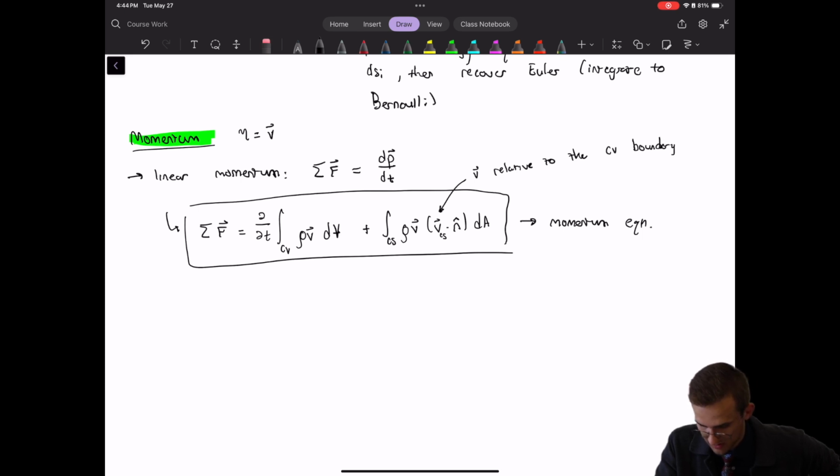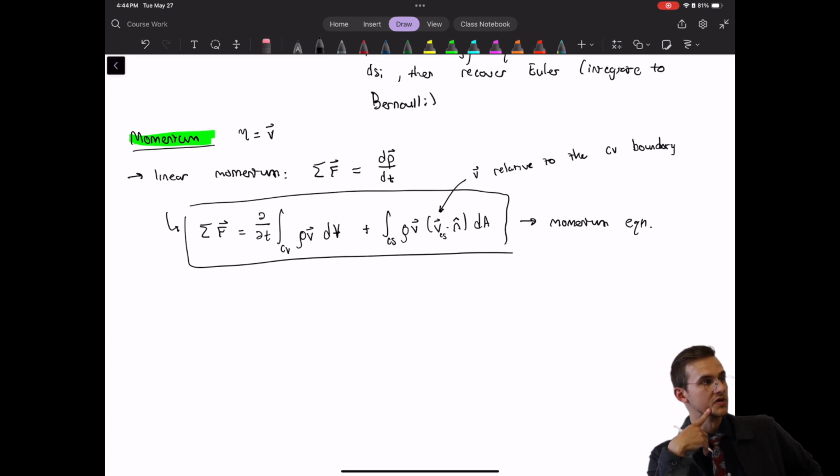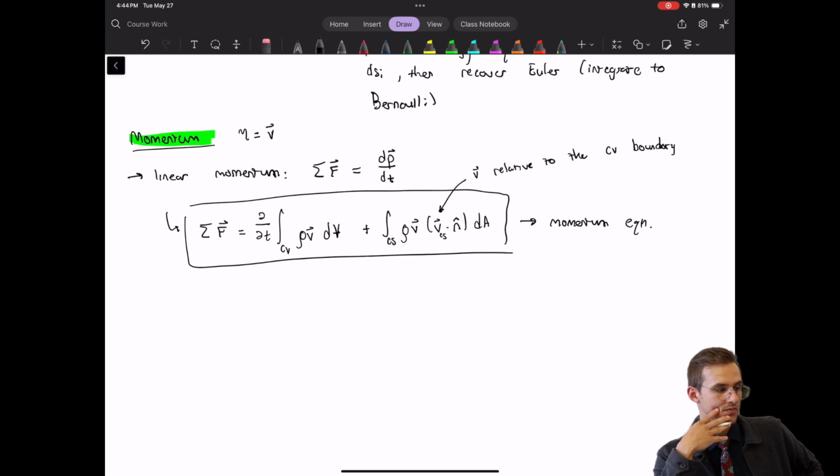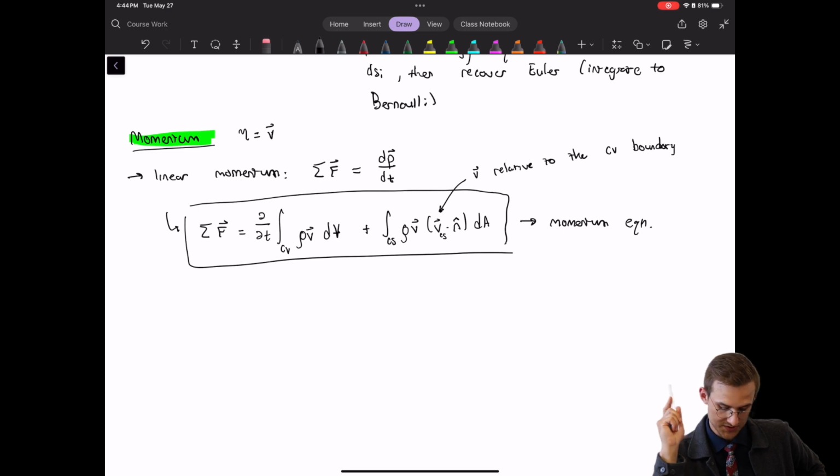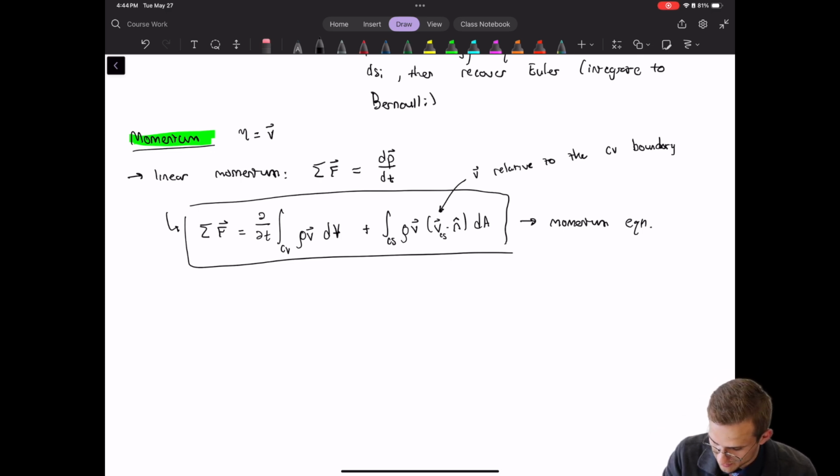That can be important in problems where you have, let's say, multiple moving parts, and your control volume might be moving with respect to your lab frame or whatever frame you're using to measure the velocity. You really have to take that into account when you're doing those problems. So a word of warning to take that into account. You'll likely see a practice problem, or perhaps even an exam problem, that has to deal with that case.